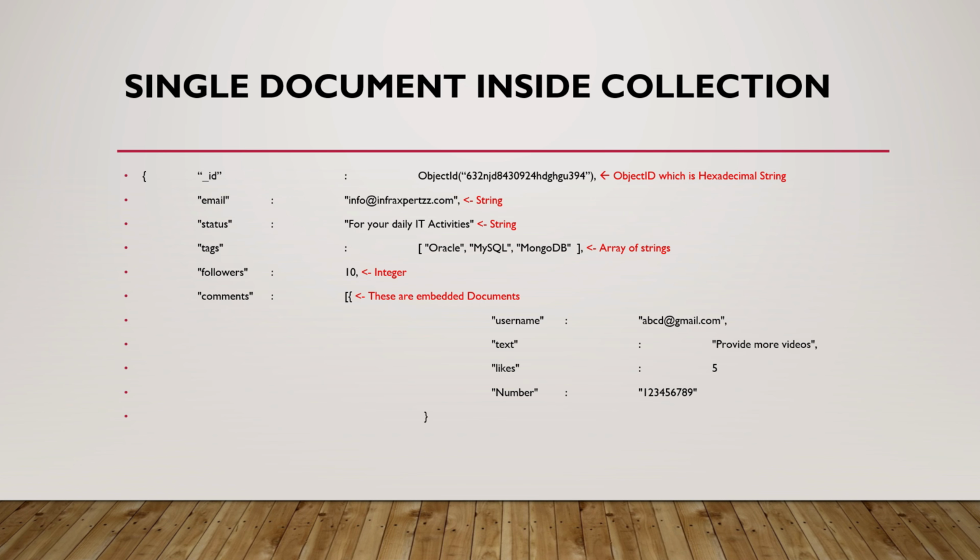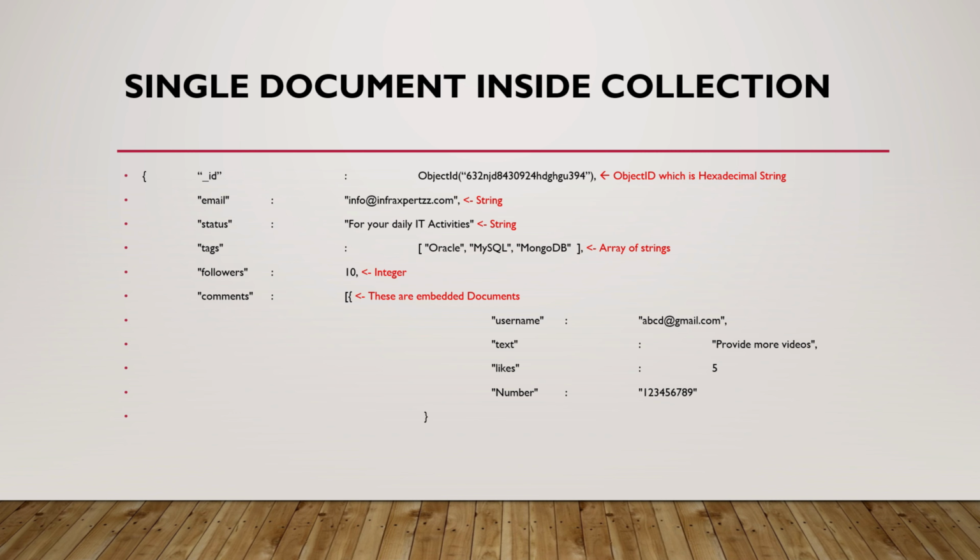In key value pairs, the key is surrounded by double quotes, and the value can be string, number, and so on. Boolean should either be true or false. Over here I didn't mention Boolean, but let's give an example.